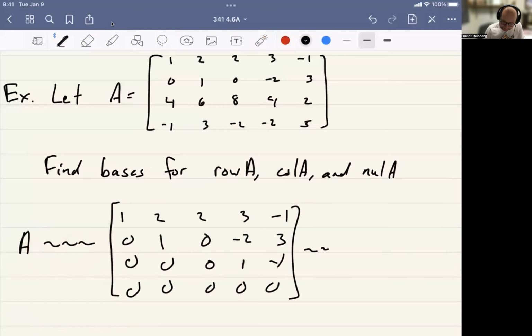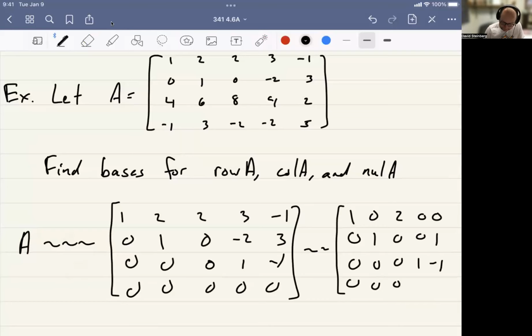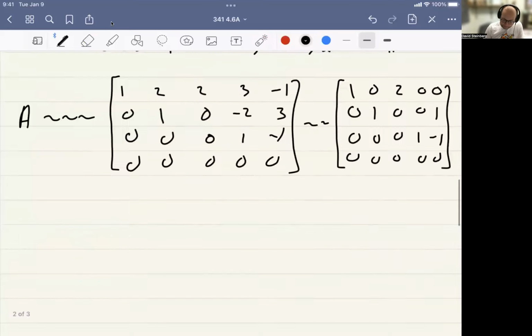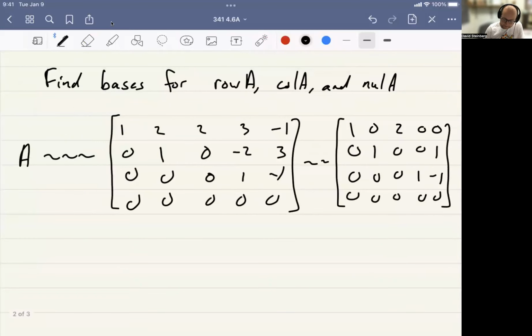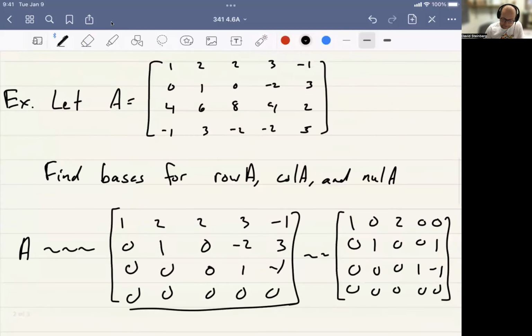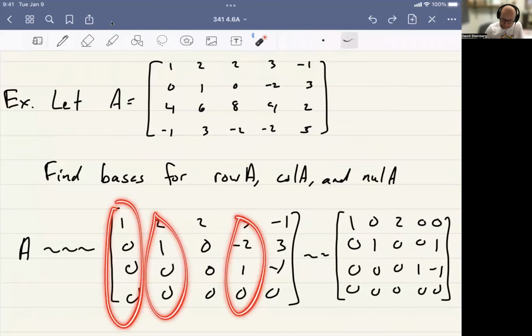And this will reduce further if we want the reduced row echelon form to 1, 0, 2, 0, 0, 0, 1, 0, 0, 1, 0, 0, 0, 1, -1, 0, 0, 0, 0, 0. So we know, from just the regular echelon form, we've got a pivot column, and pivot column. So we know these 3 columns form a basis for the column space.